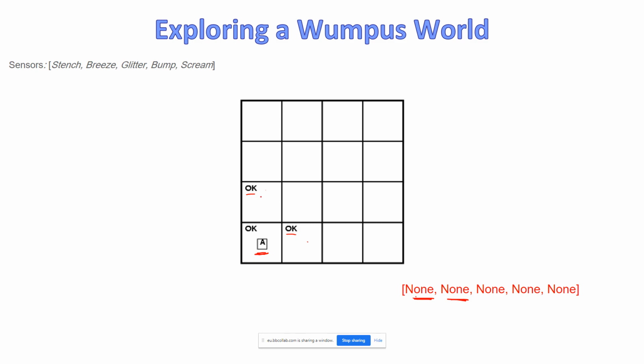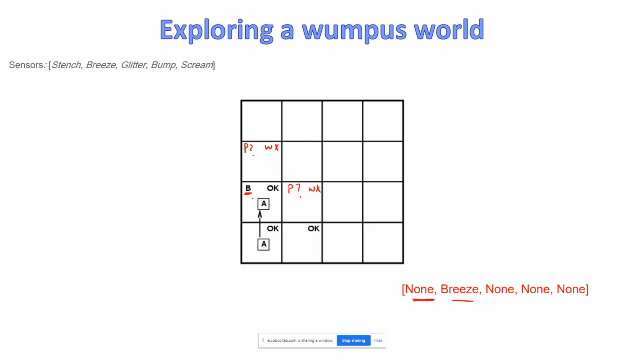But we know that there is no pit, there is no Wumpus. It's the same problem, but we stepped into that room. Now, when we step into a room, we get a new input, new smells, right?